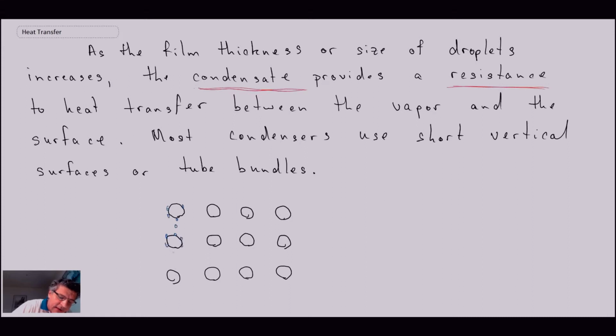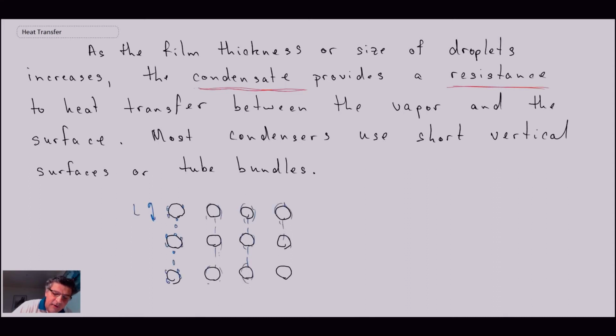But you're minimizing the overall vertical extent by having a lot of tube bundles like that. And then each of these additional ones would have liquid coming and falling. And then eventually at the bottom, you would collect all of the condensed liquid that you could then use in whatever other process you're trying to achieve with the system.